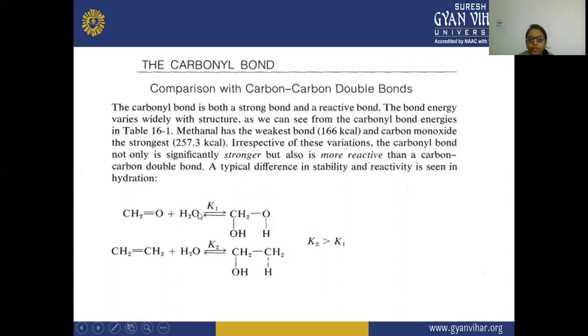Here a difference is shown between the stability and the reactivity in the case of hydration. This is your carbonyl compound, and this is your double bond, that is, your alkene. The reaction is going on with the water molecule, and you can see the formation of H and OH. So alcohol is formed in both cases, but the K for the carbonyl is higher than this K1.